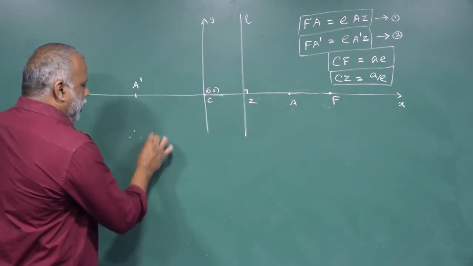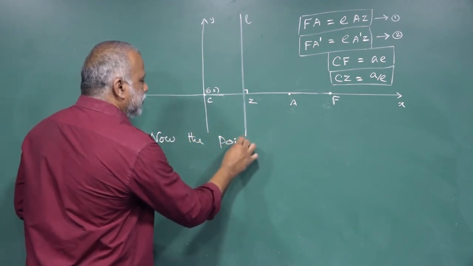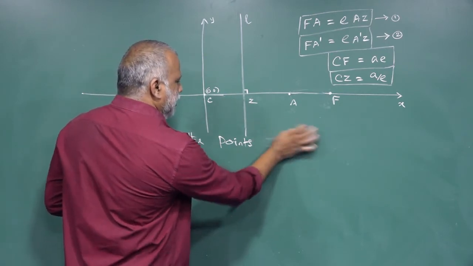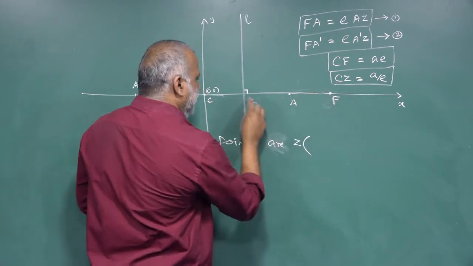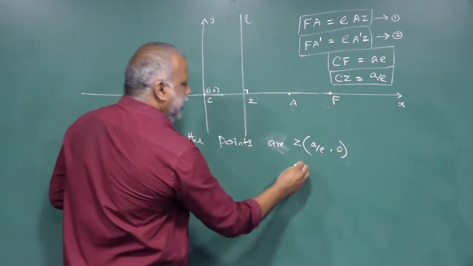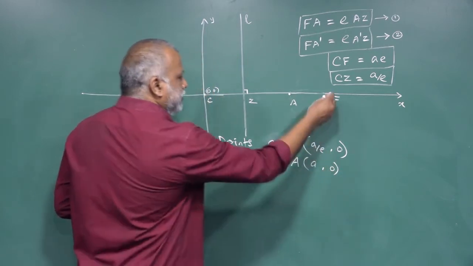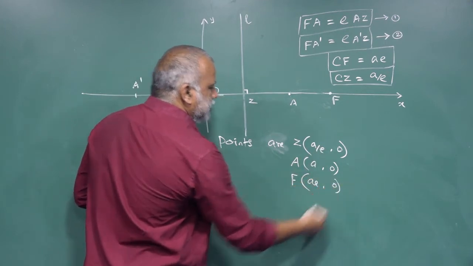Therefore, now the points are Z, see, a by e comma 0, and A, already we decided, a comma 0. Now the point F, ae comma 0.